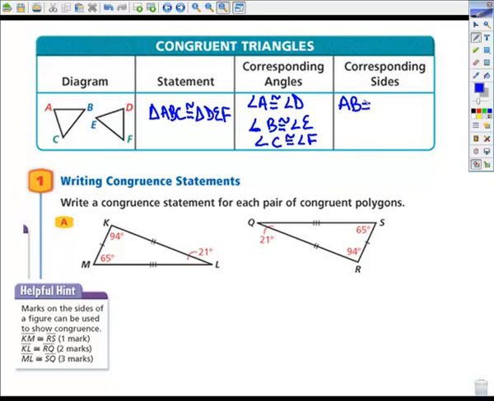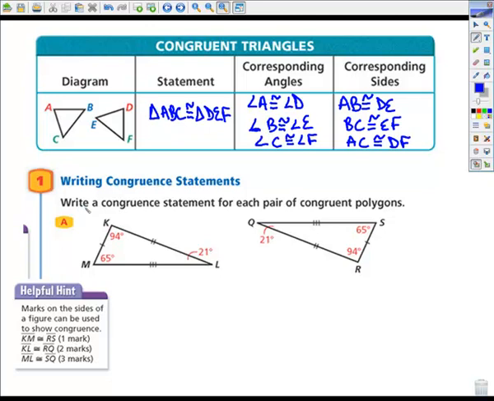AB is congruent to DE. And then BC is congruent to EF. And finally AC is congruent to DF. So you have 6 pairs of congruencies with congruent triangles.